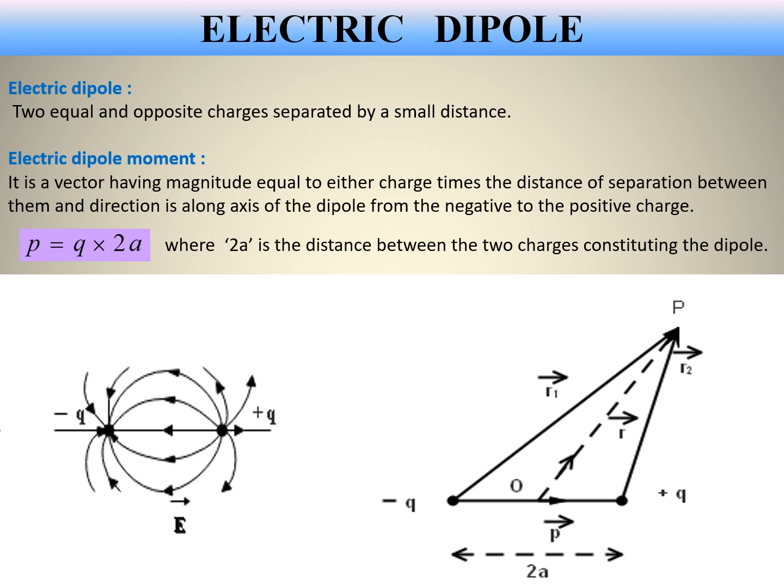Now if you look at the second diagram, you can see the line joining the two charges contains the electric dipole moment vector, and it is denoted by p vector, and its direction is from minus q towards plus q.